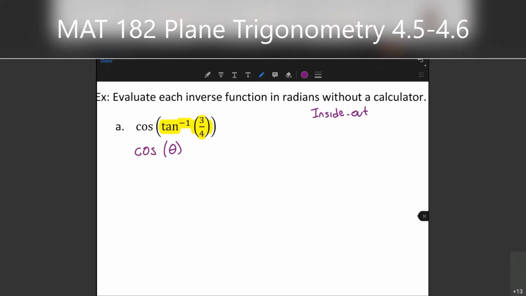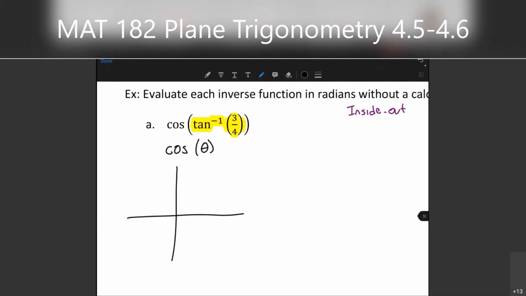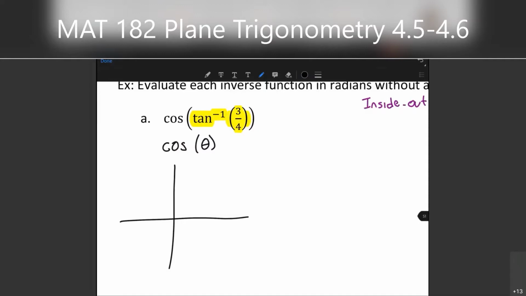So if I call that theta, then I'm going to just draw a picture to represent that angle as theta. So let's draw a picture. And again, I'm going to just be thinking about that tangent inverse that I highlighted. I'm just focused on that. And I'm going to draw a picture here to represent tangent inverse of 3/4. So if I was going to draw this, what quadrant should I be in?